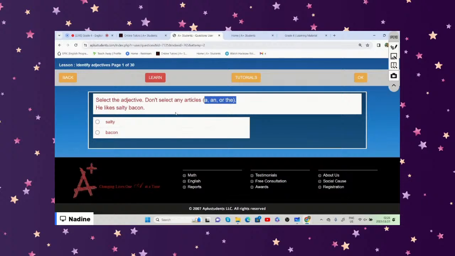So he likes salty bacon. So if we identify the adjective, is it salty or is it bacon? It's like asking yourself, what kind of bacon does he like? He likes salty bacon.